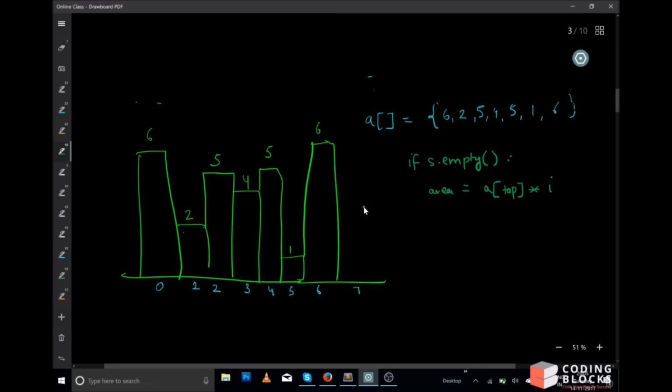We will see. Otherwise, if the stack is not empty, the area is going to have a formula like this: array of top, which means the current node which we are popping, into the current index. I is the rightmost index, minus s dot top.